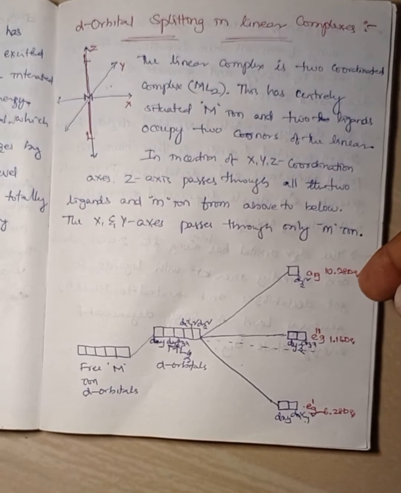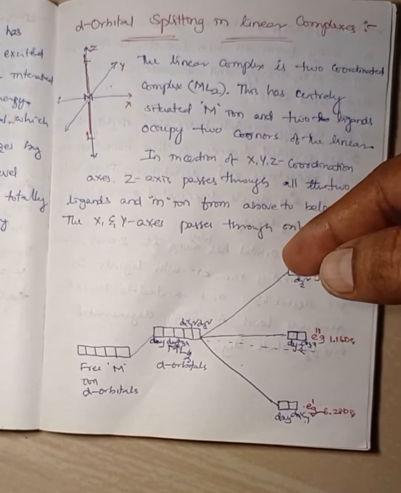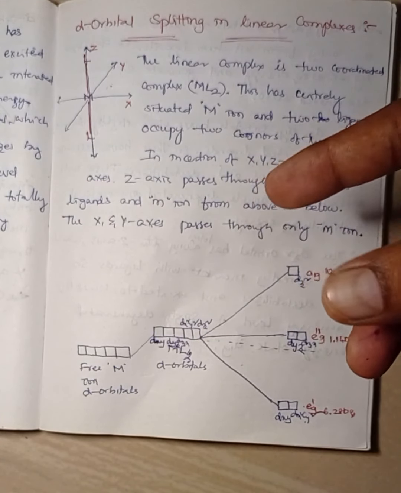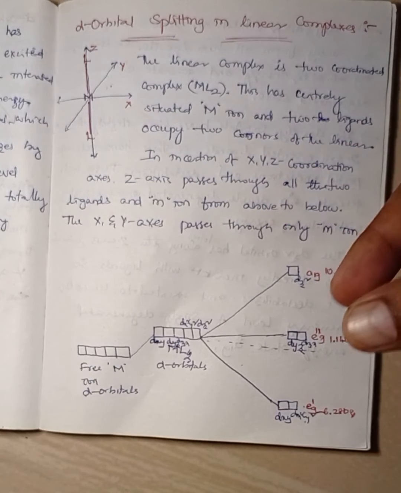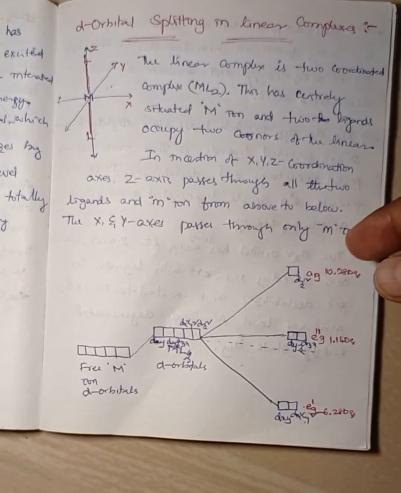The dz square orbital, having lobes along the z-axis, along the ligand orientation, has more repulsive interactions with the ligand sites and gets destabilized to an extreme level, reaching the higher energy level of the A1g energy state, that is 10.28 dq.